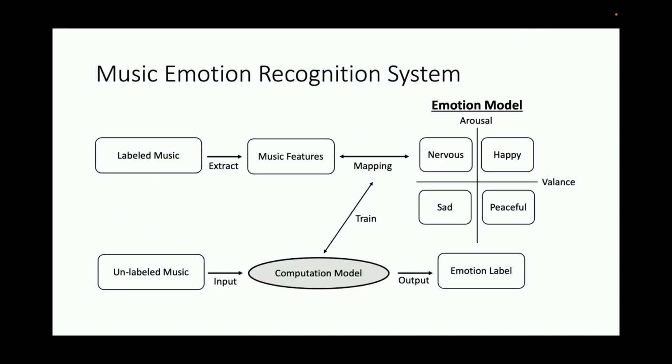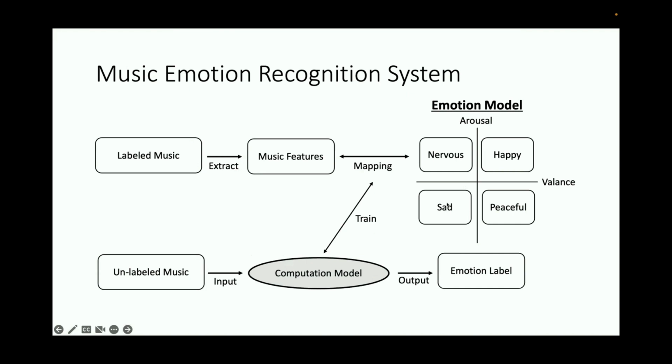Before we dive into the concepts, we need to understand how a music emotion recognition system works. It works by detecting music emotion from the audio signal. It extracts music features from labeled music and maps them to emotional models. So we need to train a computational model to do the recognition task.